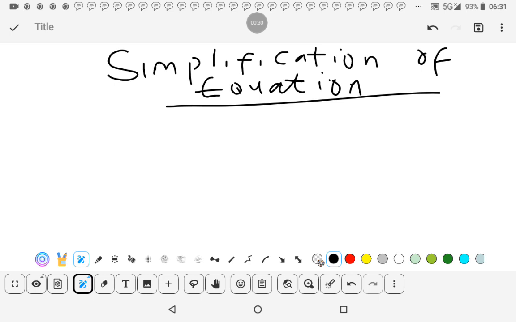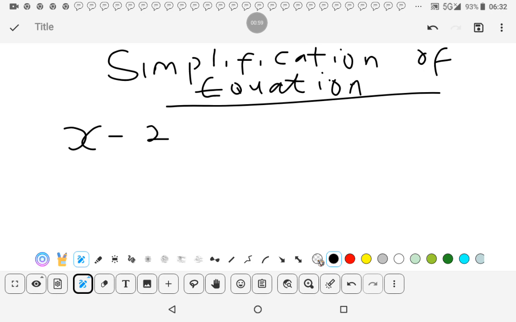Equations can be simplified in various ways depending on the nature of the equation given. So there are different methods of simplifying an equation, and let's go through them one after the other. For example, if we have x minus 2, this is an expression, it is not an equation.